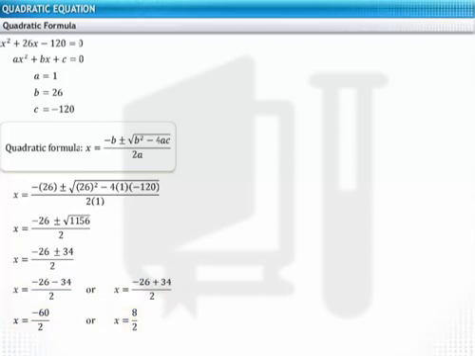On simplifying, you get x is equal to minus 30 or x is equal to 4.